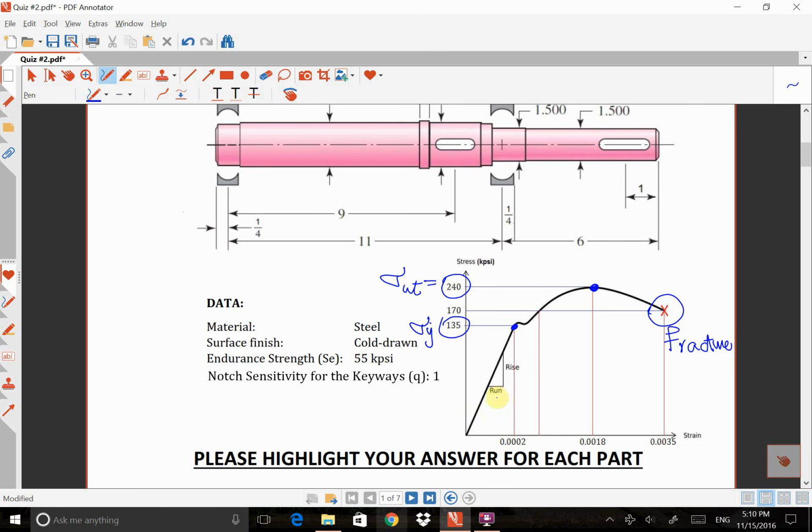We know that the modulus of elasticity, or Young's modulus, is the slope of the linear part of a stress strain diagram. So if I want to find the modulus of elasticity, for this case, this is rise over run.